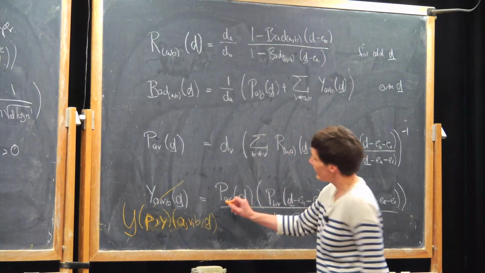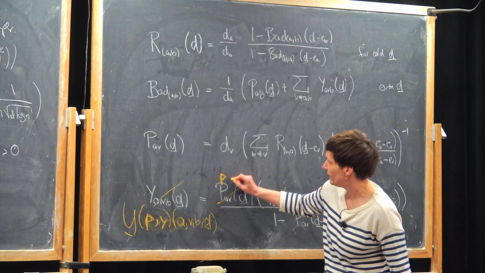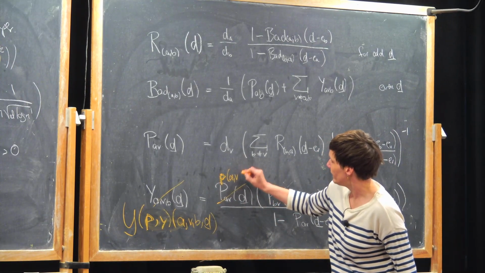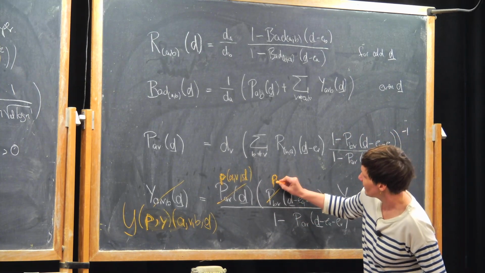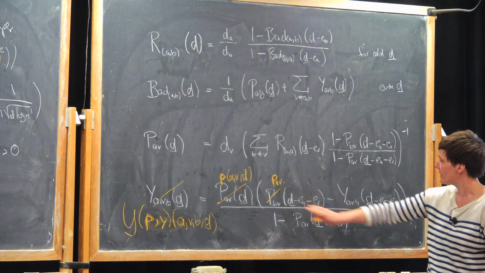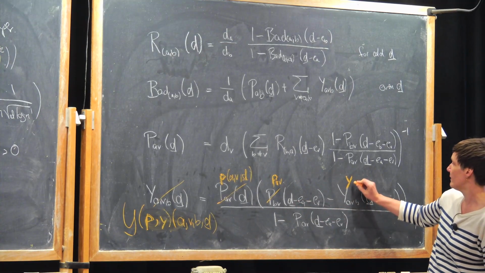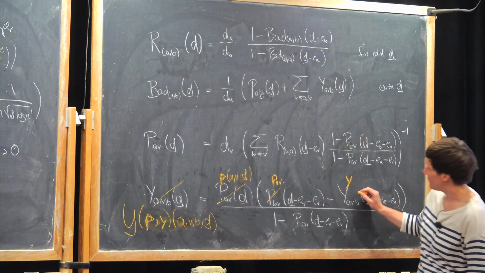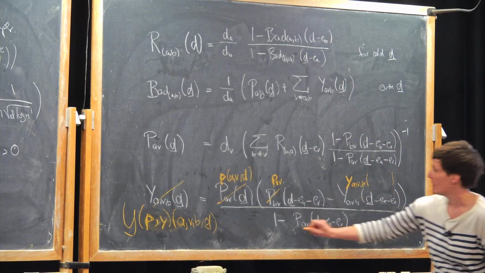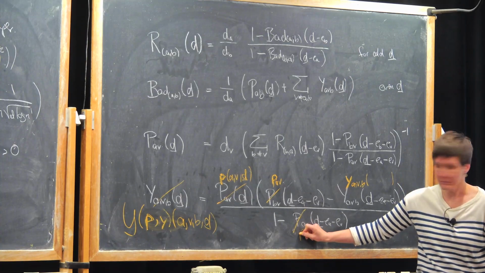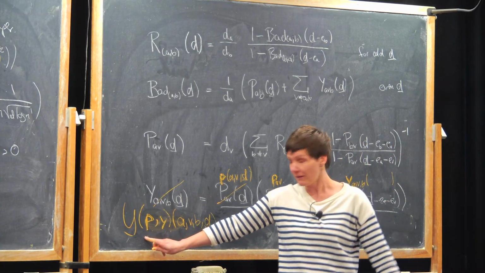And then I just replace this P_AV with whatever function I have, P of A, V, D. This one I replace by a P, let me write this as P_AV of that sequence. And this one I replace by my Y, which is my input here, Y_AVB of this sequence. And here I also replace by my bold P, which is my input of this operator.